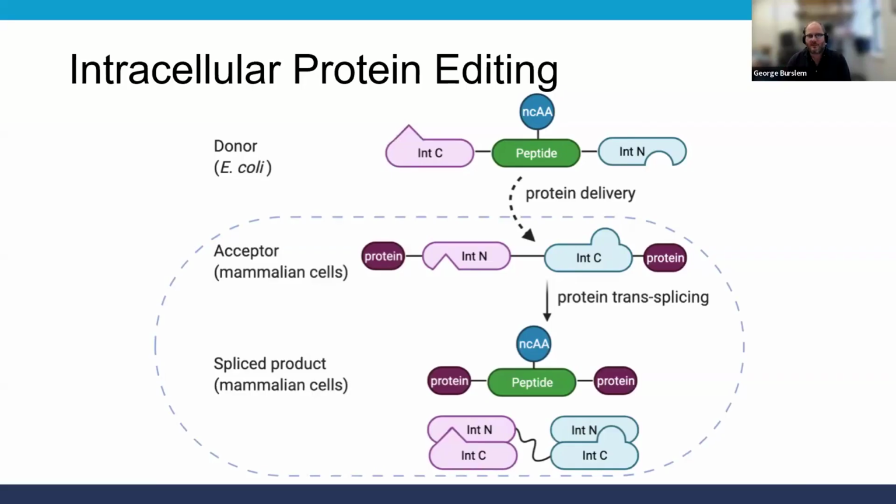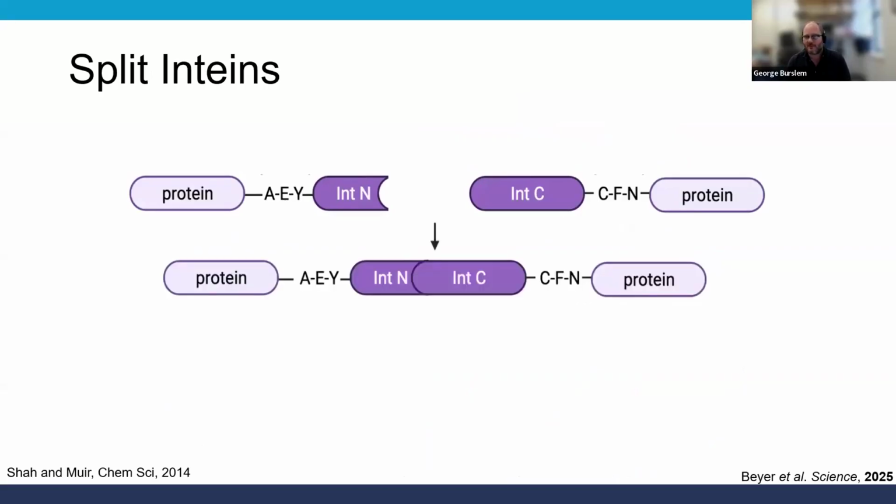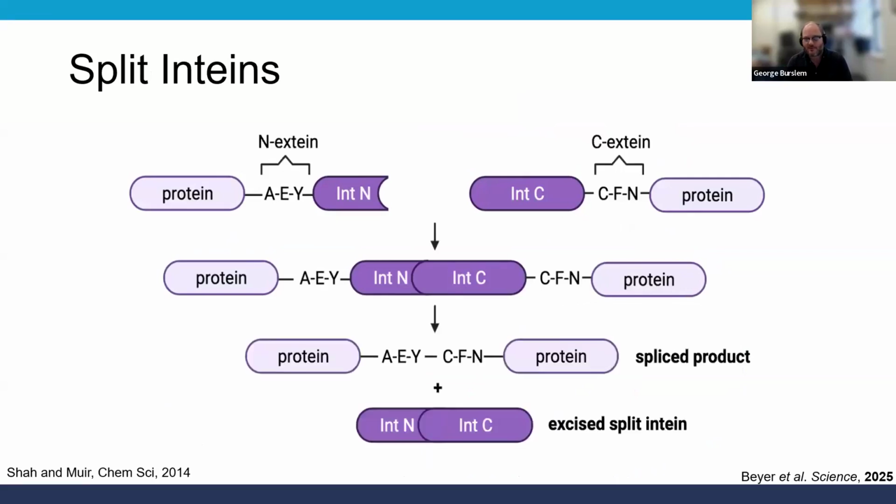And the idea was that we would use split inteins, which are naturally derived split proteins which, when they're in the same space, interact with incredibly high affinity, and then autocatalytically perform a reaction where they splice the intein sequence out and join the peptides on either side of them together to form a new native peptide bond, giving you a new polypeptide backbone for a protein and a spliced product.